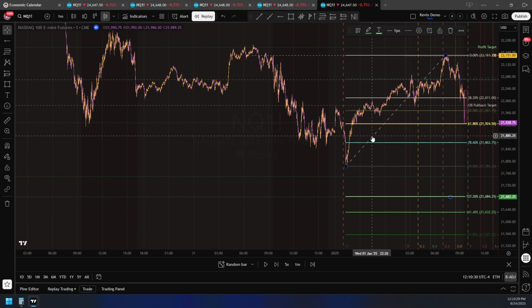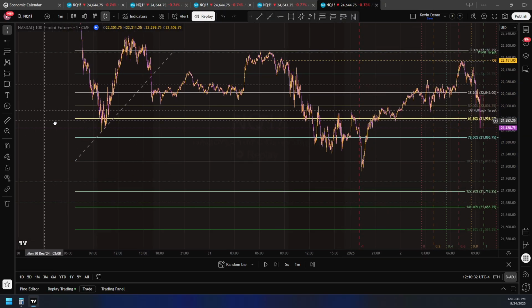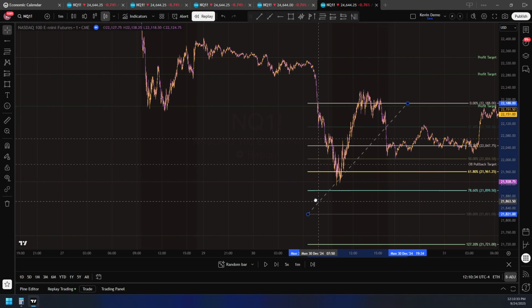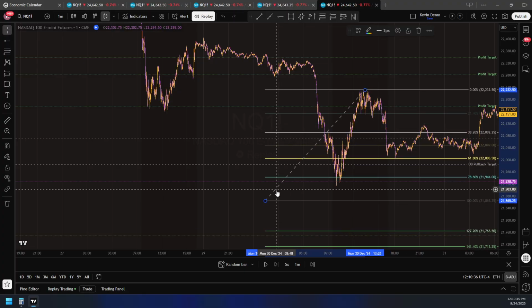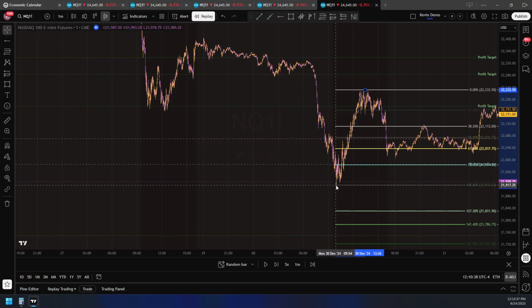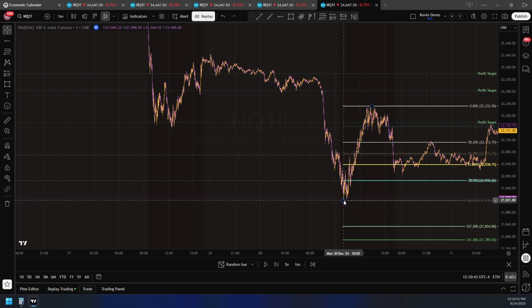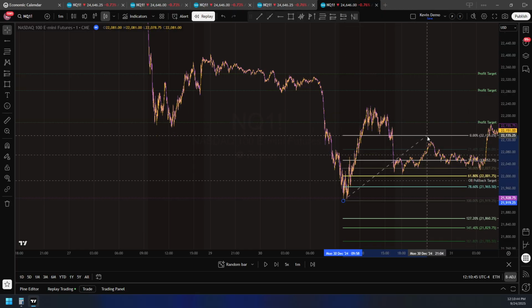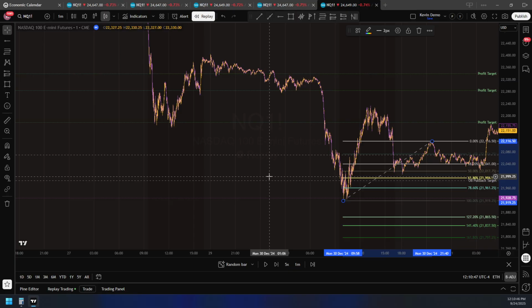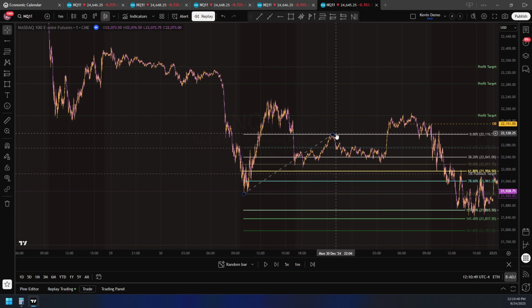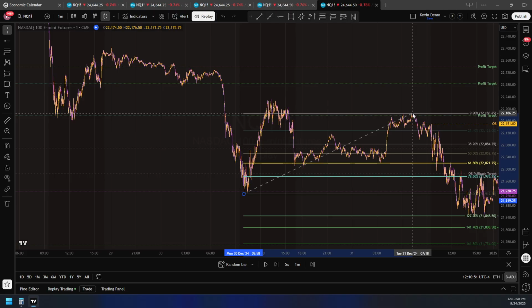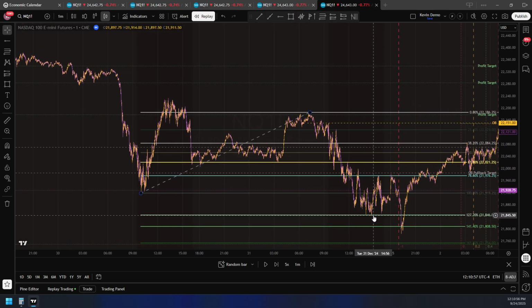Now let's go back and redo that from the other day as well. This swing here. No, nothing too fancy there. So this one here from the cash session to the high, we get 127. It did hit it during the session.